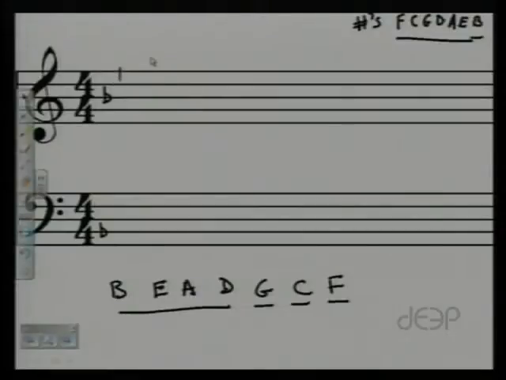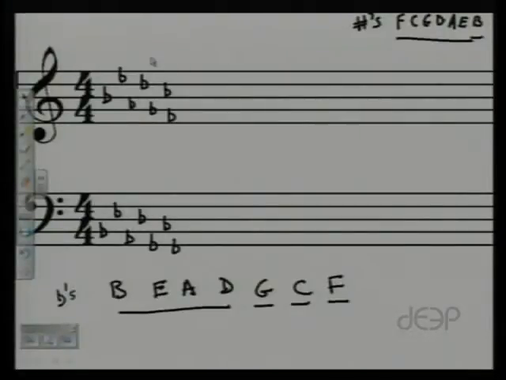Two flats, B and E. Three, B, E, and A. Four flats, B, E, A, and D. If there are five, B, E, A, D, G. If there are six, B, E, A, D, G, C. And then the last one, of course, is F. And there are your key signatures for flats.